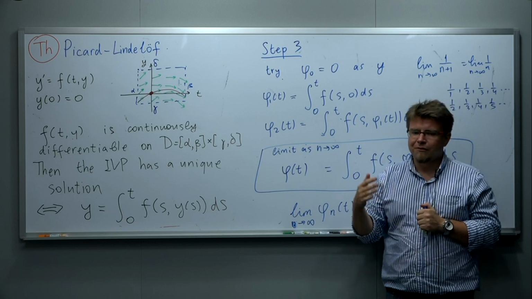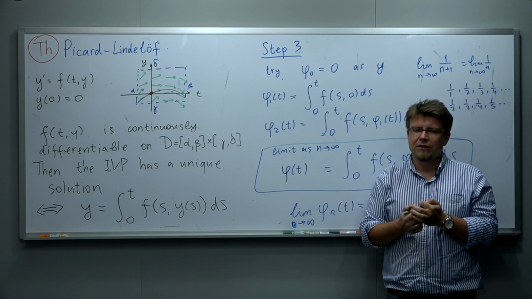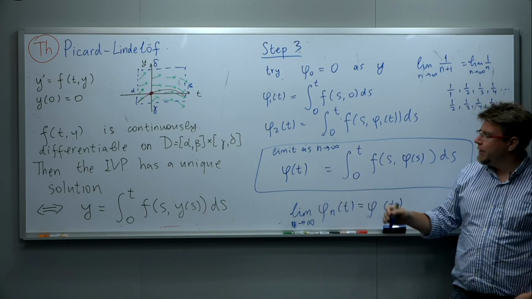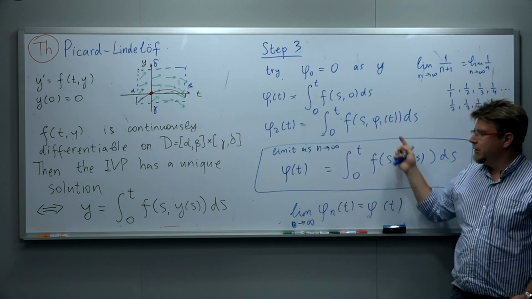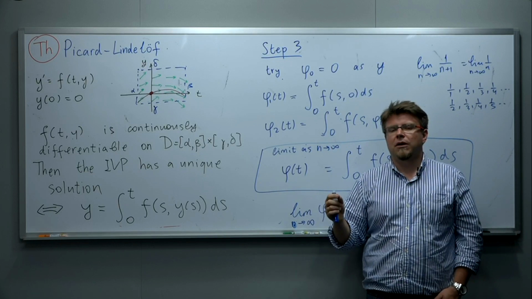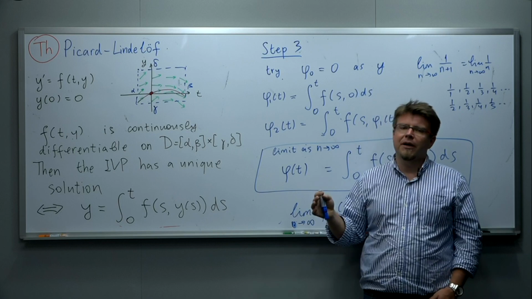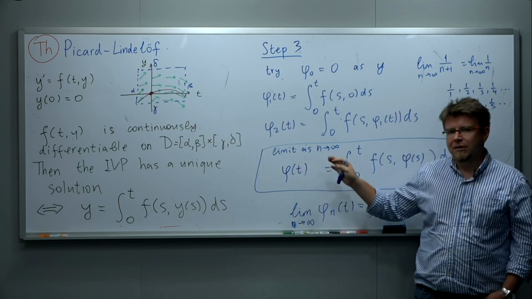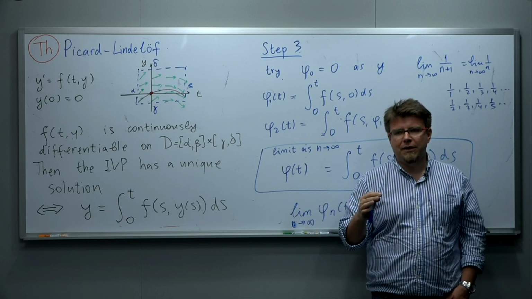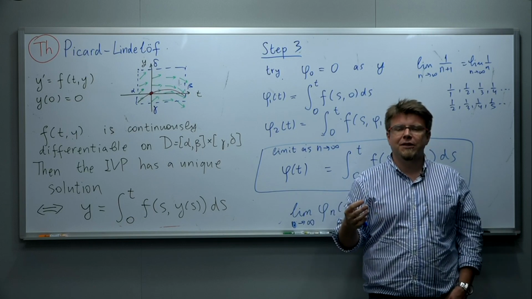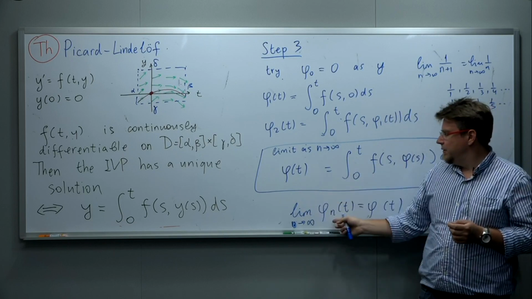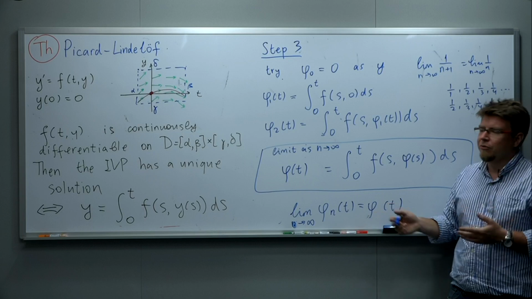So what is more to prove then? There are two main things. One thing is to prove that the limit exists, and another thing is to prove that taking the limit in an integral equation is actually a valid mathematical operation. Now, for the latter part, I think you'll just have to take my word that you have to show that the sequence phi n of t converges not just pointwise but uniformly.